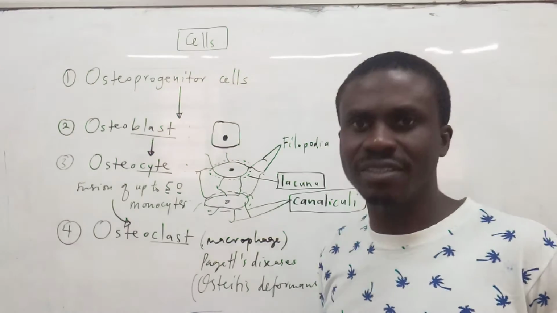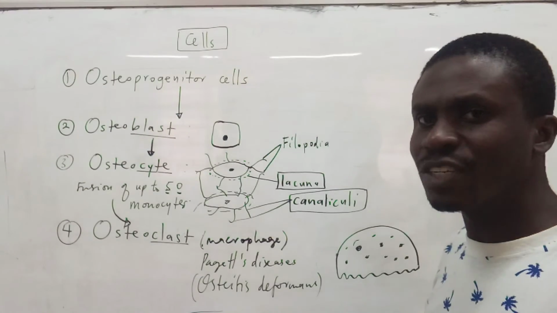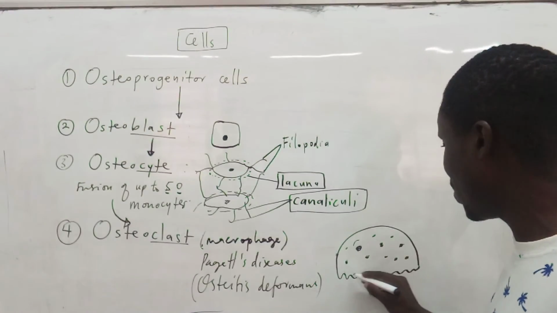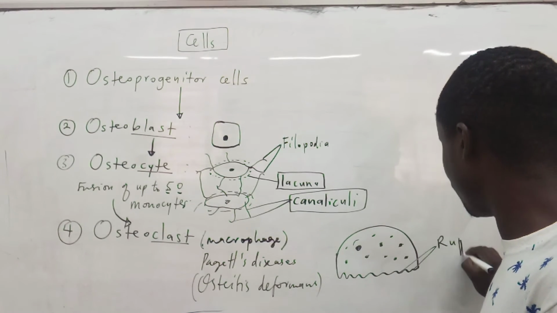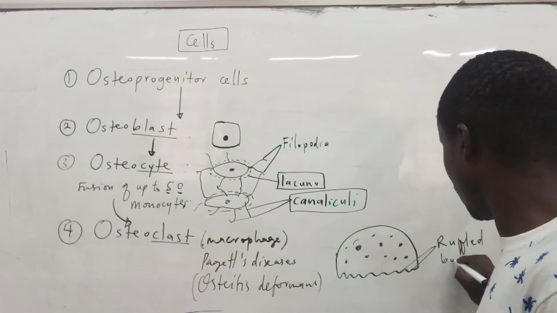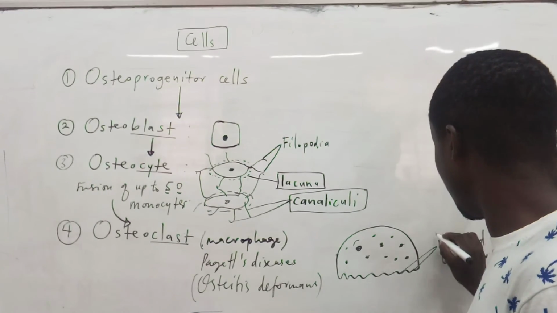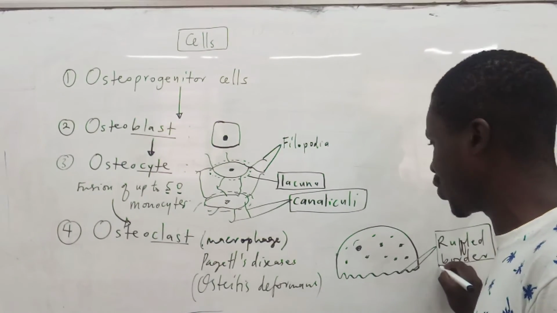This is what we call osteoclast. And this osteoclast has a border at the lower aspect called the ruffled border, to help in efficient bone resorption.